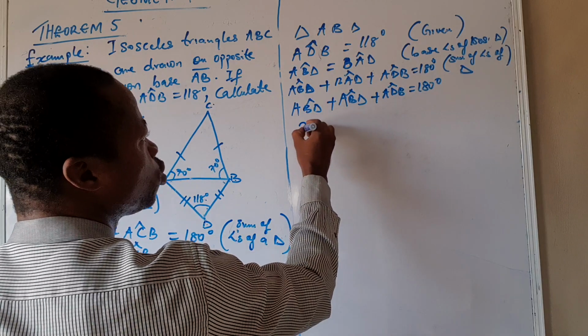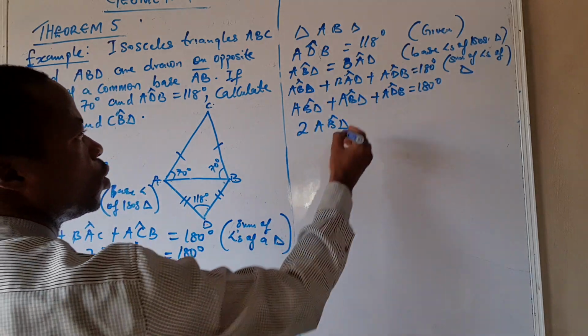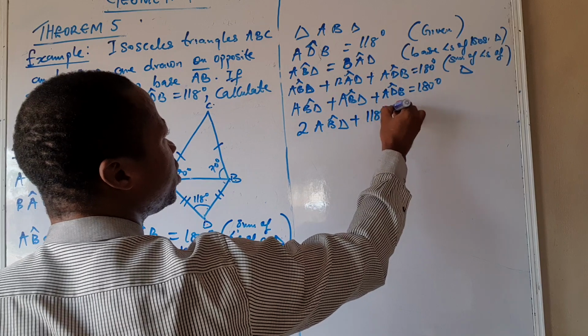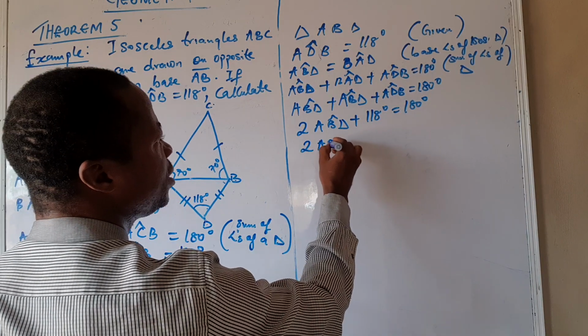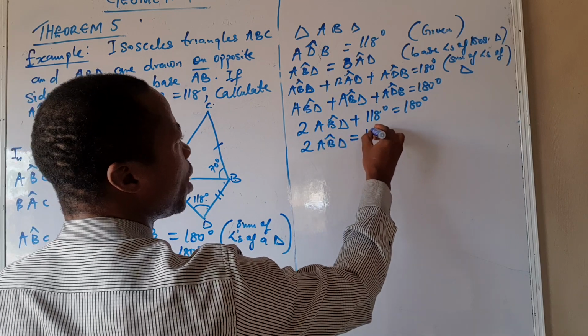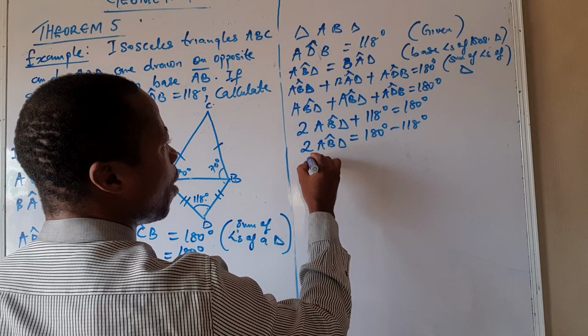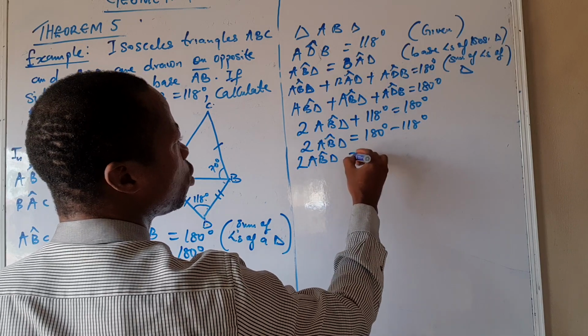Now from here we have 2ABD, because this plus will give me 2. So plus my ADB, which has been given as 118 degrees, is equal to 180 degrees. So I have 2ABD equals 180 degrees minus 118 degrees.